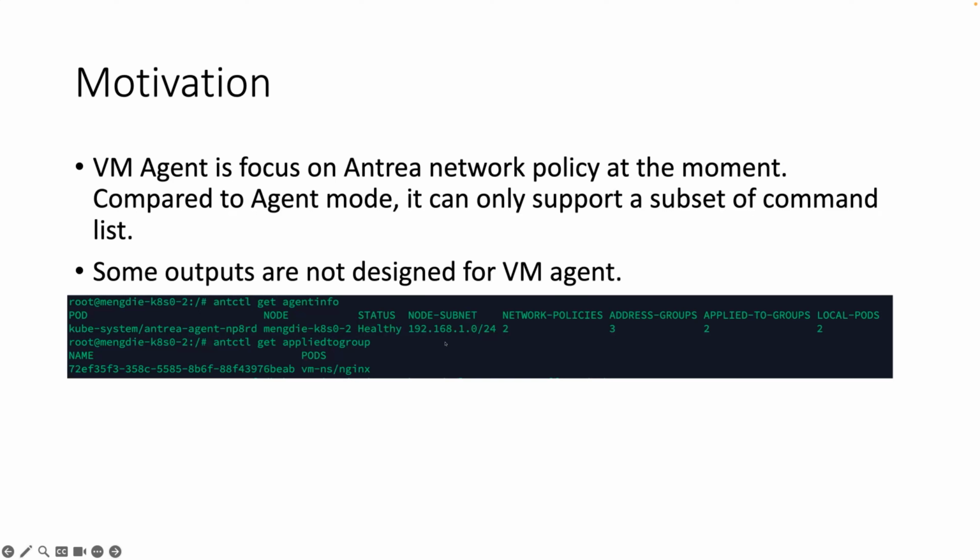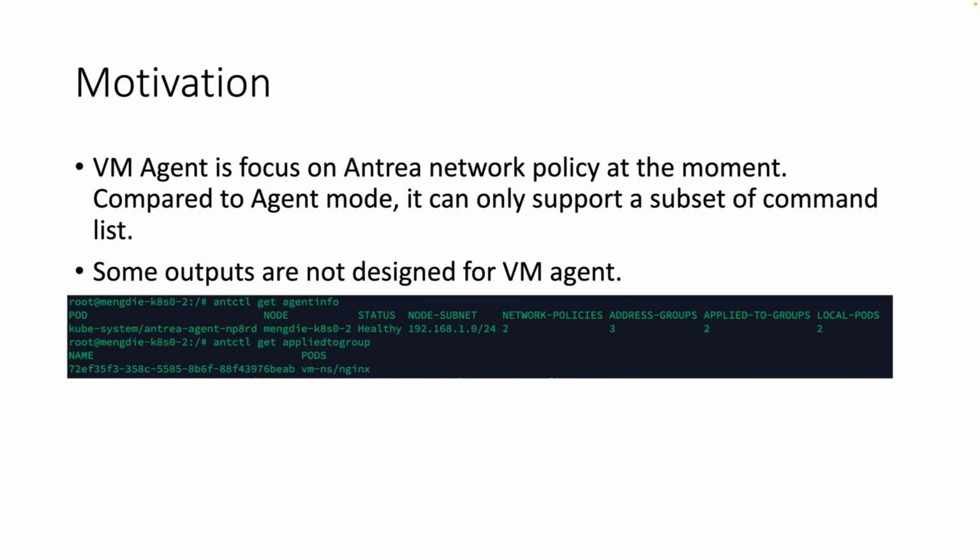Also, the current Antctl agent mode has some outputs that are designed for pods. For example, I have pasted the output here. We can see that for get agentinfo, we have fields like pod, node subnet, local pods, and for get appliedtogroup, we can see the field pods here. They are designed for the ordinary Kubernetes node and for pods, but not designed for VM agent.